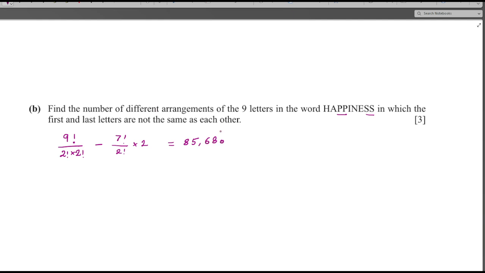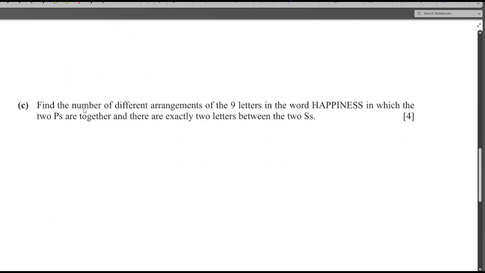85,680. Right. Now the next question is to find the number of different arrangements of the 9 letters in the word happiness in which two P's are together and there are exactly two letters between the two S. Now two P's are together, so here we have two cases.